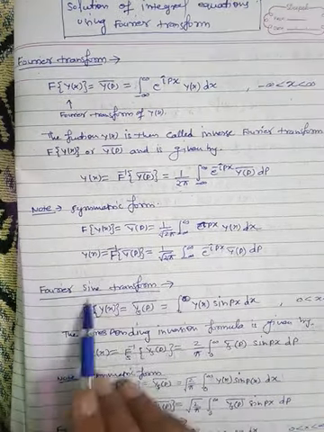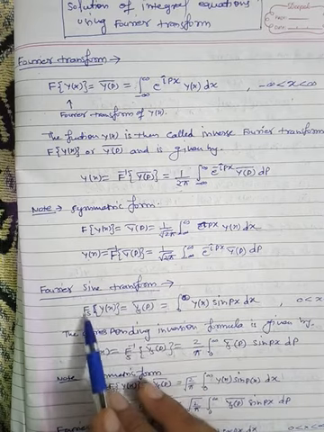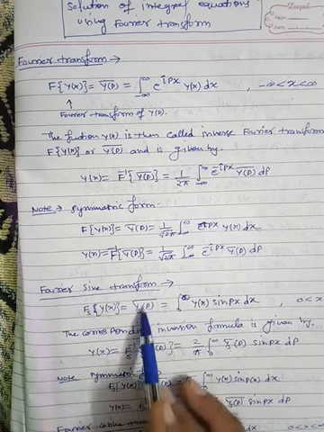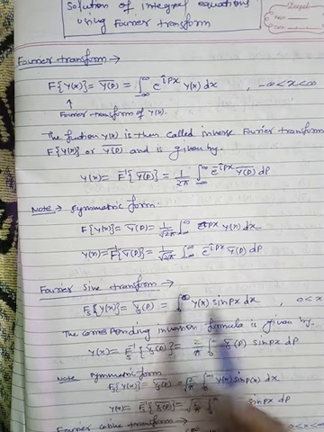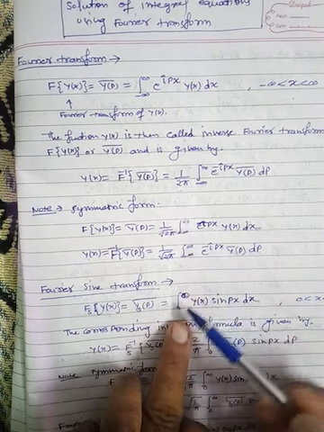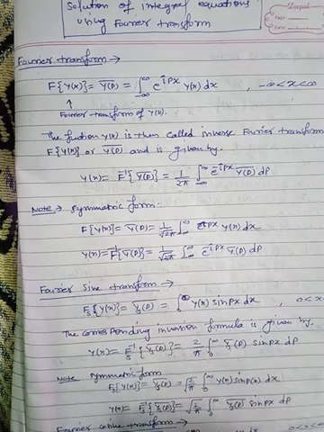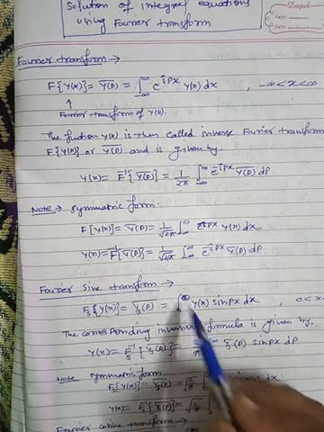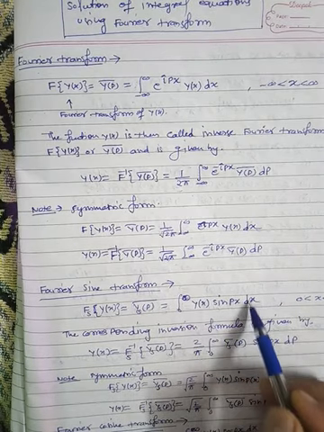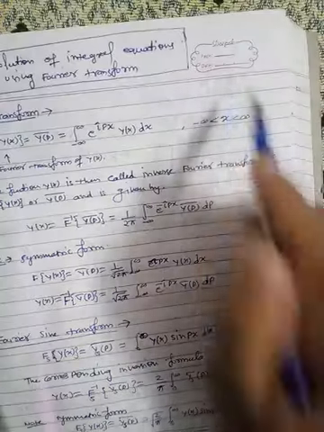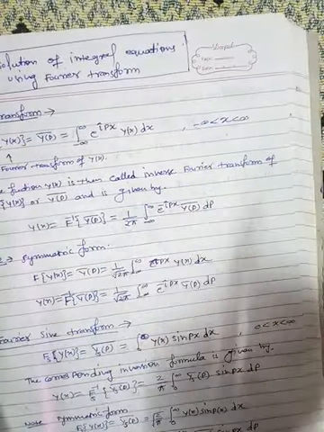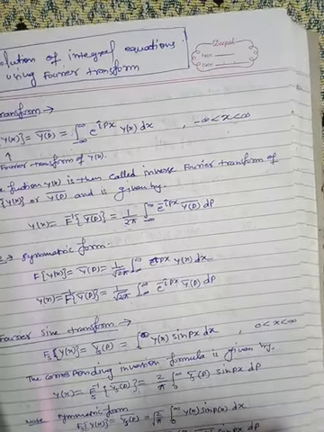Now Fourier sine transform. The Fourier sine transform of y(x) is y_sp bar equals the integral from 0 to infinity. Here we have minus infinity to infinity, here we have 0 to infinity. So 0 to infinity y(x) sin(px) dx, and again x varies from 0 to infinity. However, here x varies from minus infinity to infinity, here x varies from 0 to infinity.